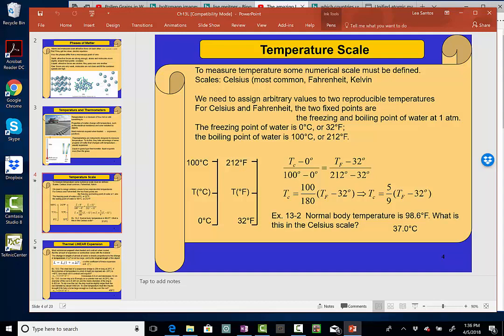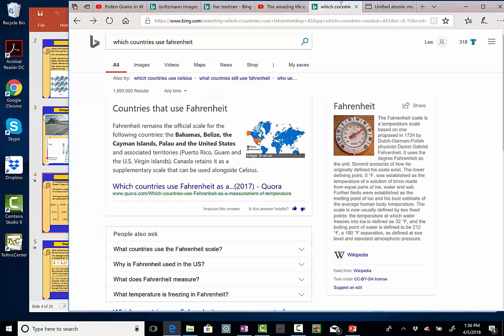The other one is Fahrenheit, which is a bit surprising that some countries still use Fahrenheit. Just to give you an idea, I searched for what are the countries that still use Fahrenheit, and you see very few: Bahamas, Belize, Cayman Islands, Palau, and the United States. So it's very, very few countries, and most of them tiny countries except for the United States.